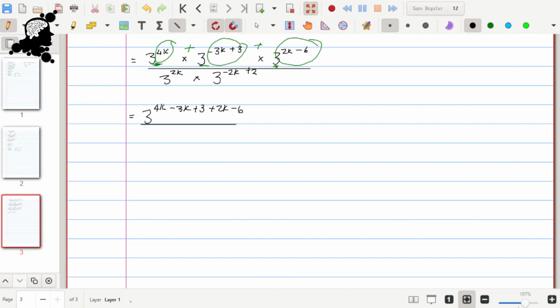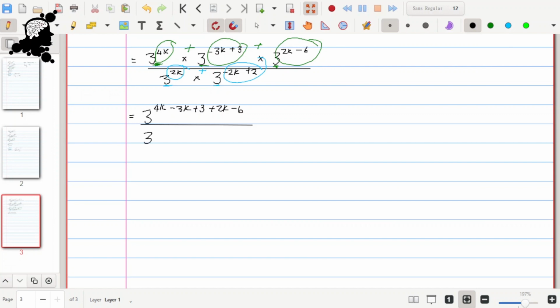All of this divided by. Notice at the bottom on the denominator, we are also multiplying numbers of the same base. So we have to take our exponents and add them. I hope the use of color here is assisting you guys in understanding exactly how we go about doing the process.